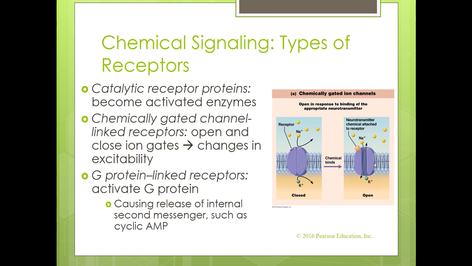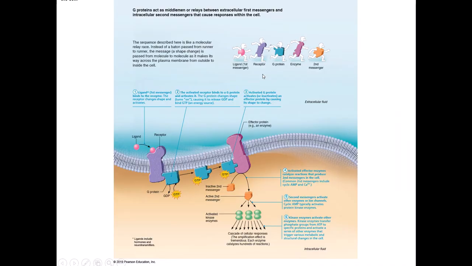G-protein linked receptors can cause really systemic effects in terms of changing the functionality of a cell. And they work through what we call second messengers. If you think of the initial ligand binding onto the G-protein linked receptor, then second messengers are things that are released inside the cell. You can almost think of it like a relay race.